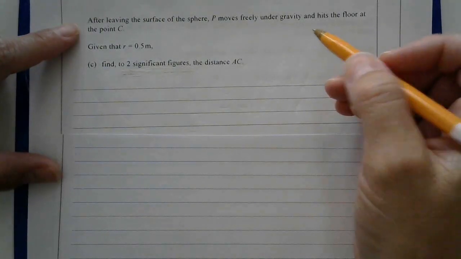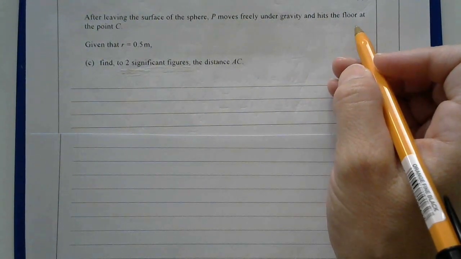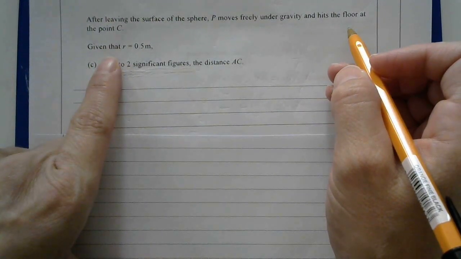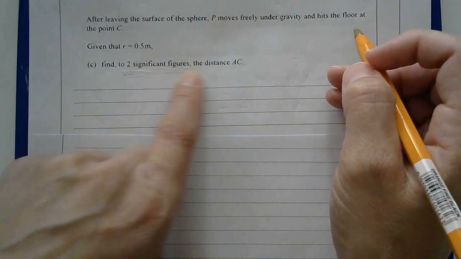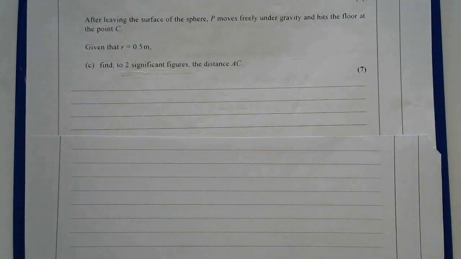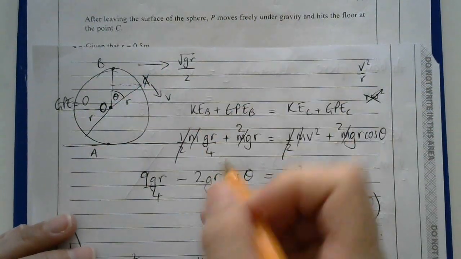Then I'm told that after leaving the surface of the sphere, P moves freely under gravity and hits the floor at point C. Given that the radius is this, find to two significant figures the distance AC. Now, if I look back at my diagram, I called this point C, but I'll have to ignore that.